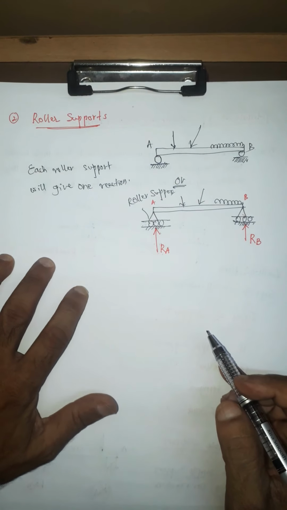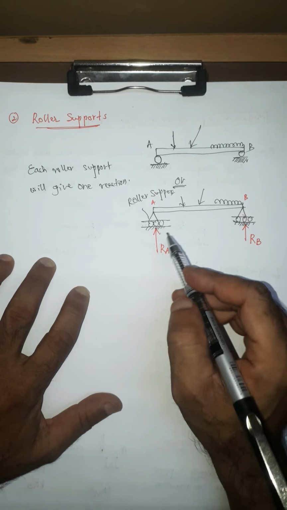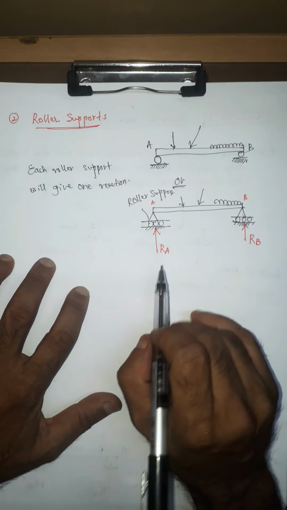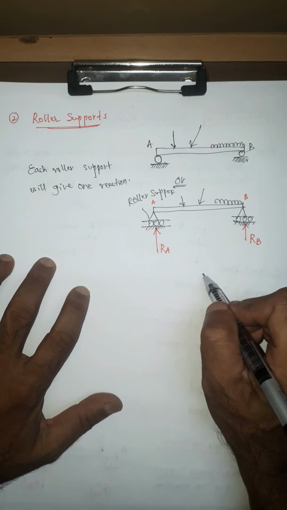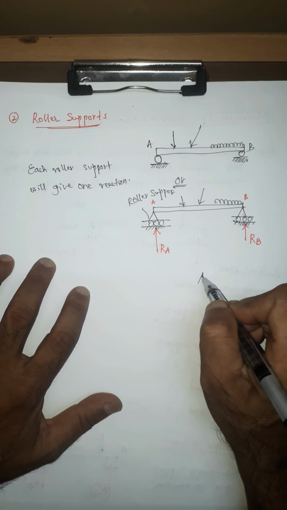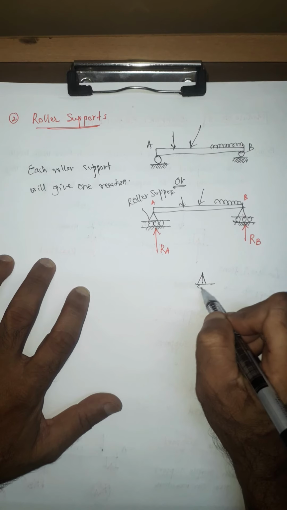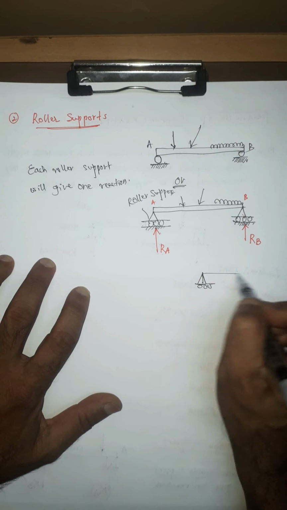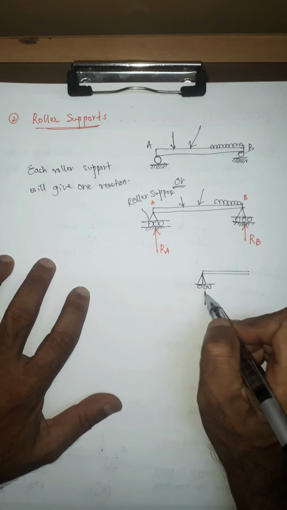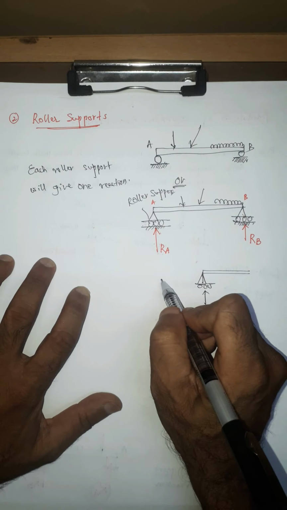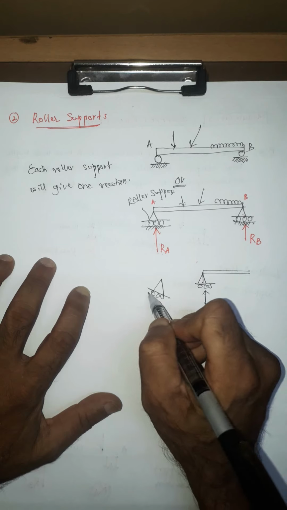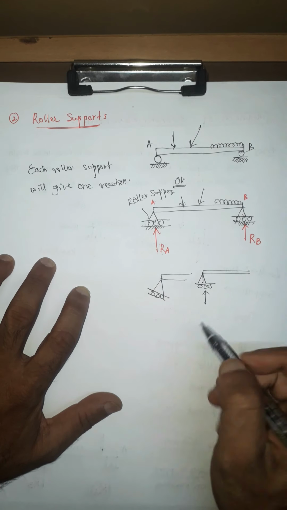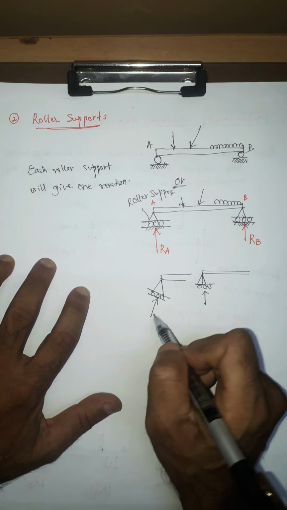And one more important thing is, whether it is a simple support or a roller support, the reaction will always be perpendicular to the surface. Suppose the roller is like this, and it is the beam, so the reaction will be perpendicular. If the roller is like this, the reaction will be like this.